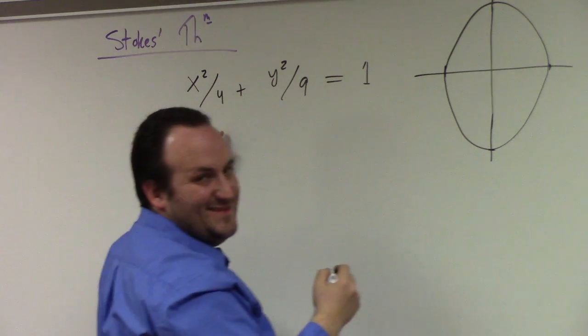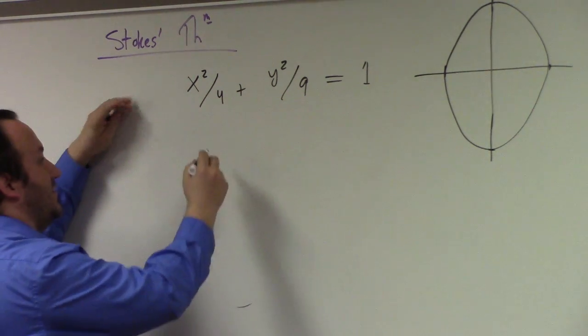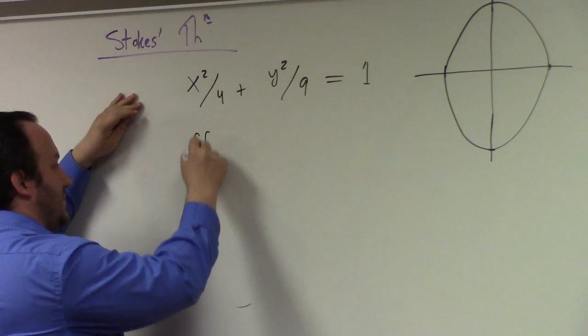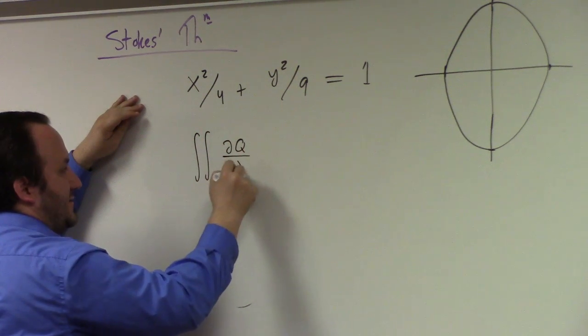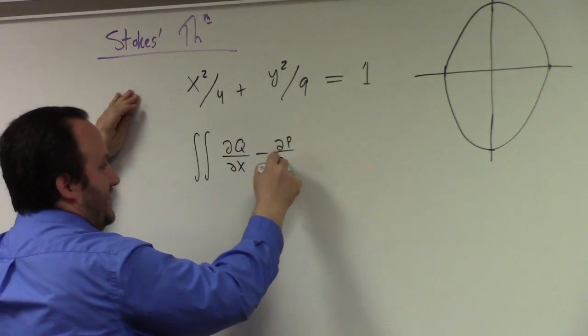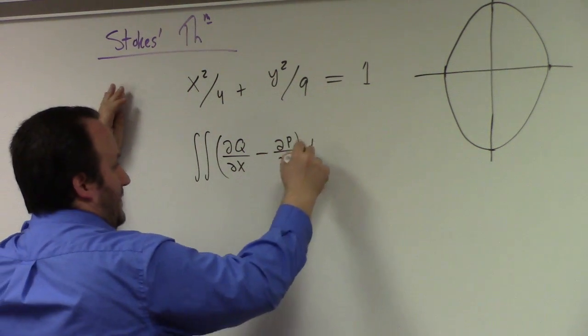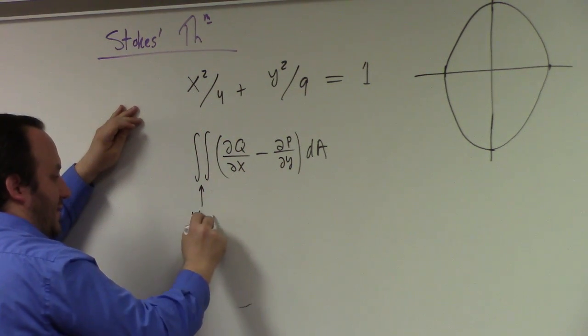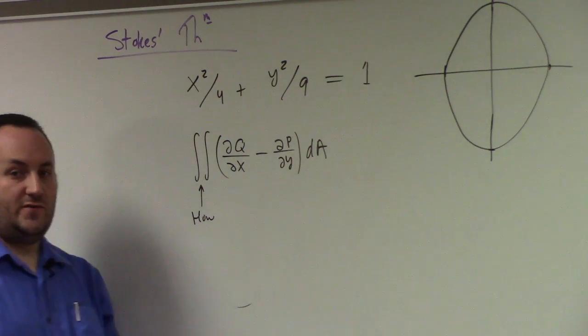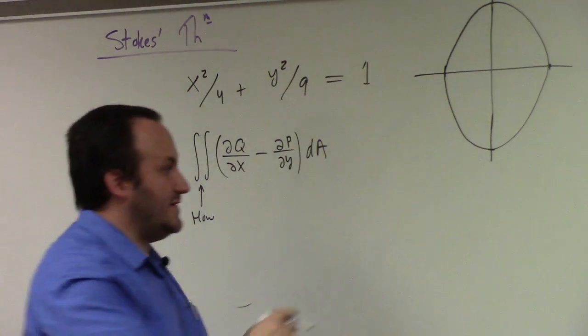Badly drawn. So you're trying to calculate the integral of partial q partial x minus partial p partial y over this area, right? And the question then really is how. Now if you use Cartesian coordinates, the answer is this.